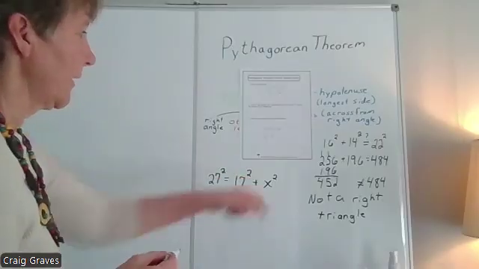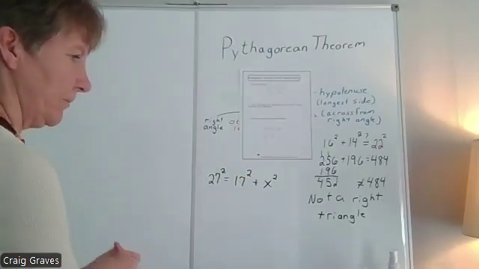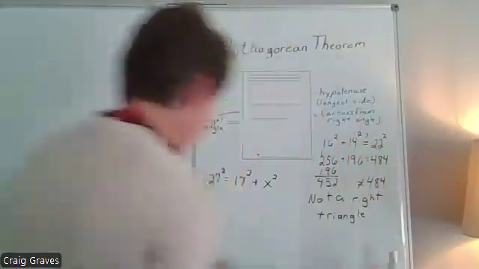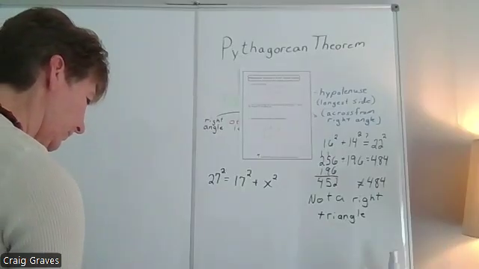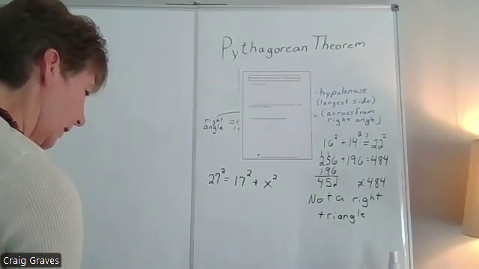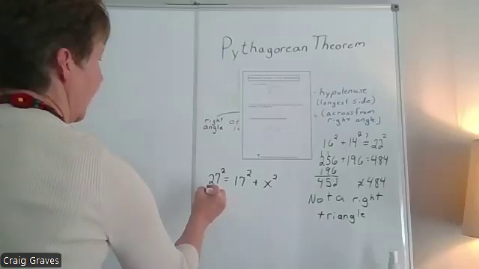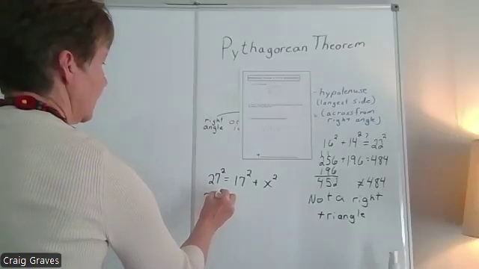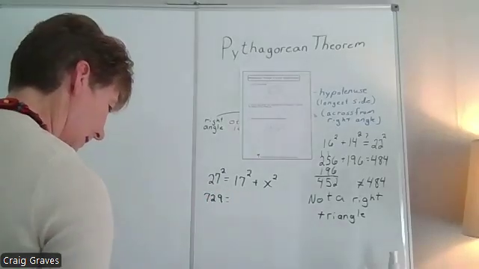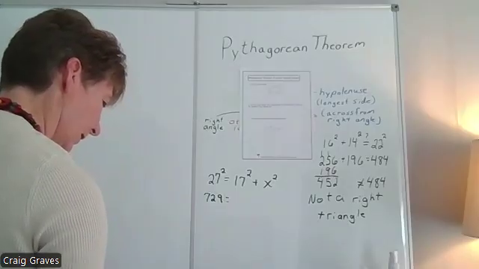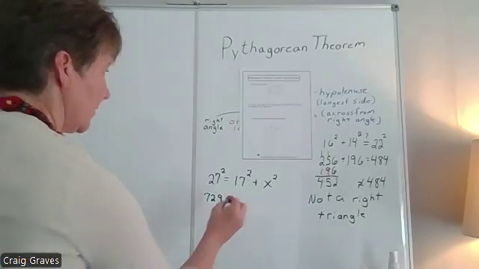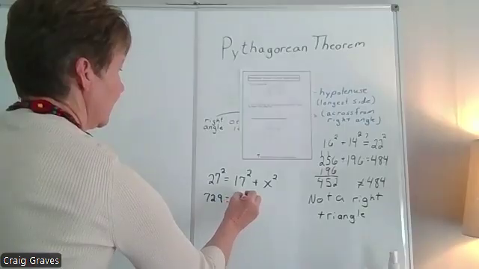Okay, so let's see if we can figure out what that is. Well, 27 squared is 729. And 17 squared is 289.